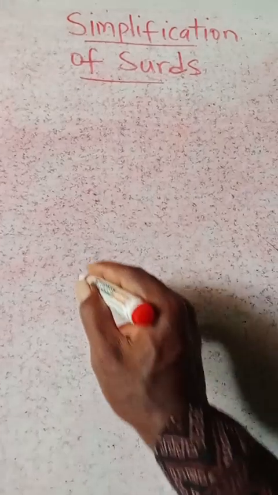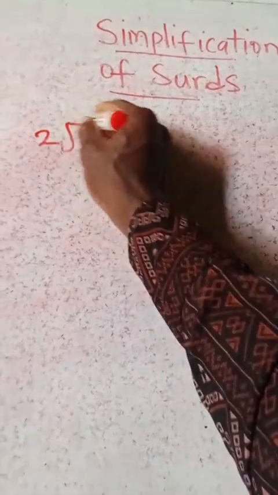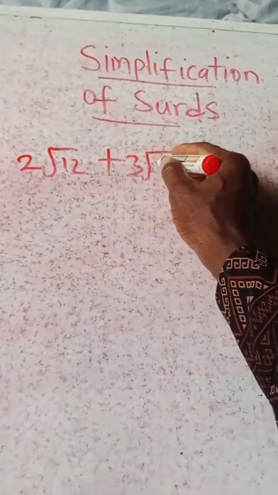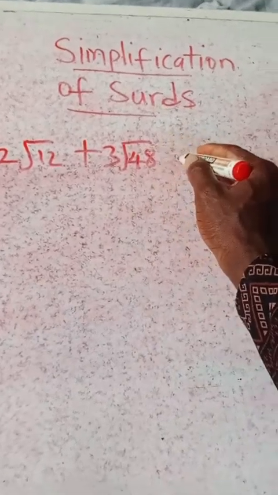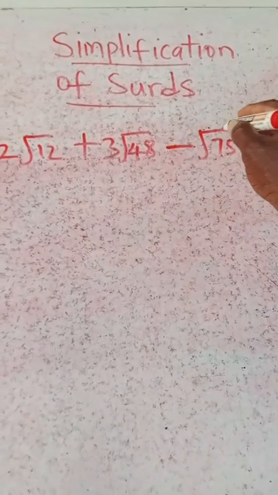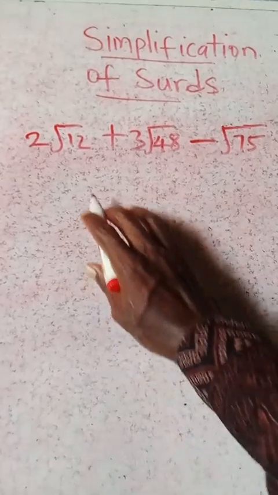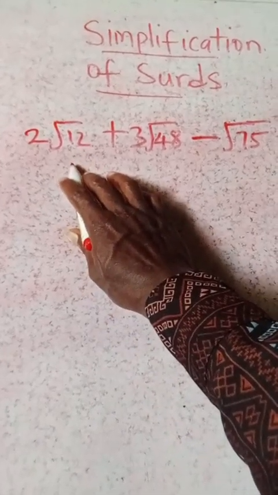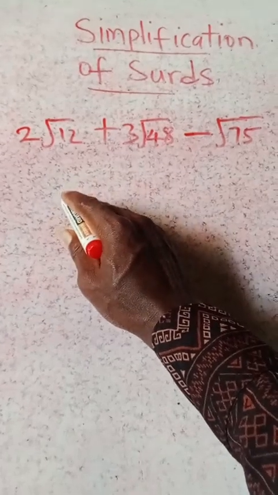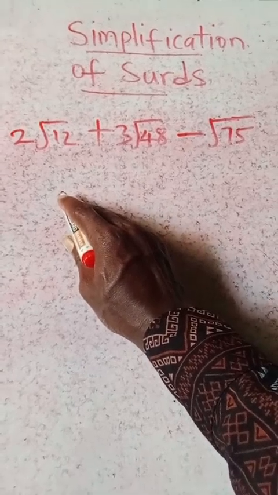Again, if you are asked to simplify, say, 2 root 12 plus 3 root 48 minus root 75, as I told you earlier, anytime you see numbers in the roots that can be simplified or reduced, keep on doing that until you reach a root you can no longer simplify or reduce.